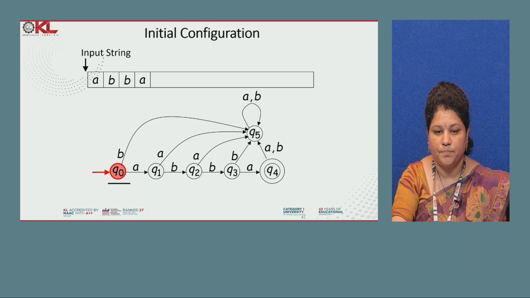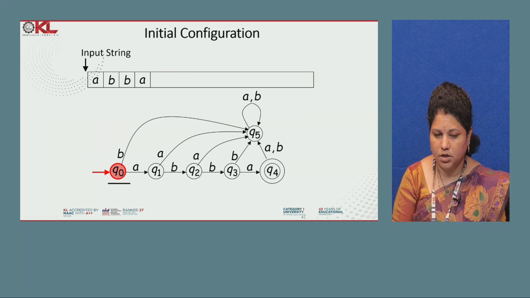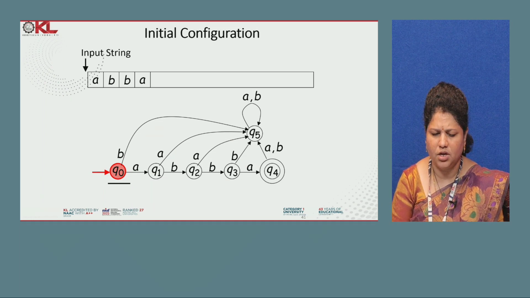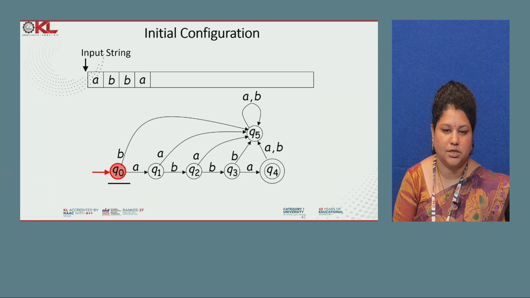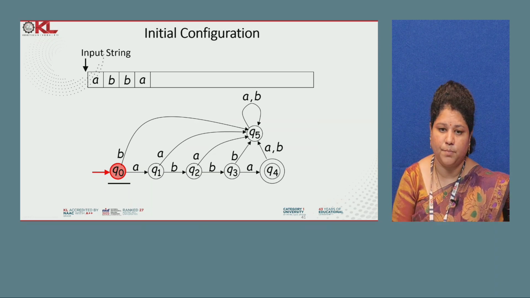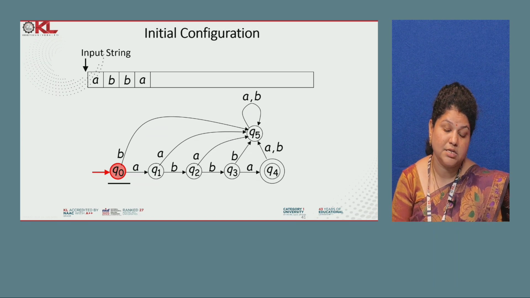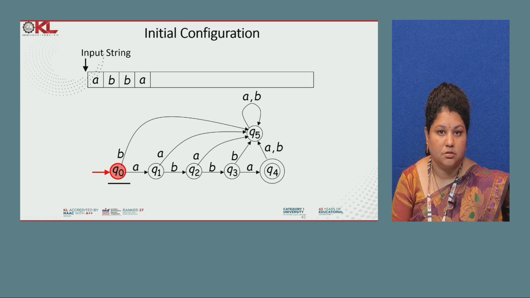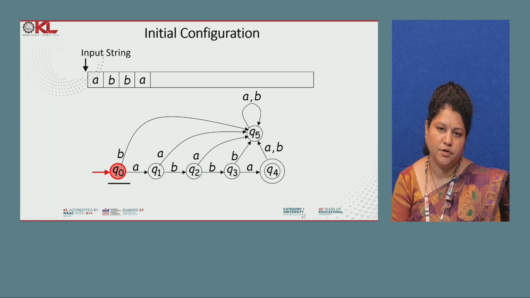DFA means we have only one path for a specific input from the current state to the next state. That is nothing but only one transition for this specific input from one state to another state.